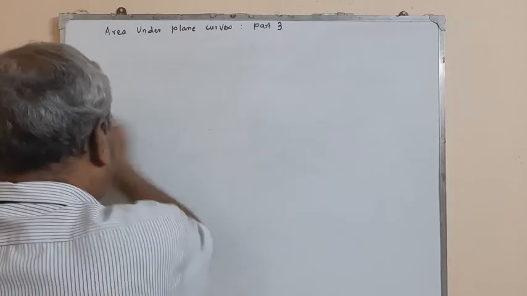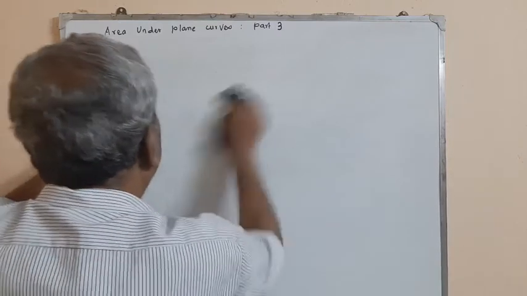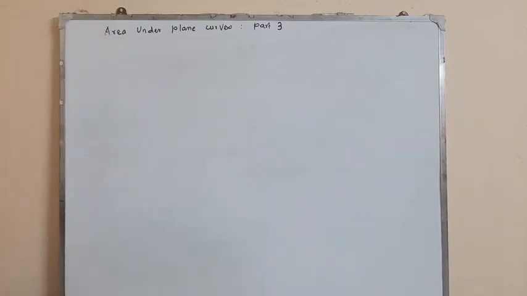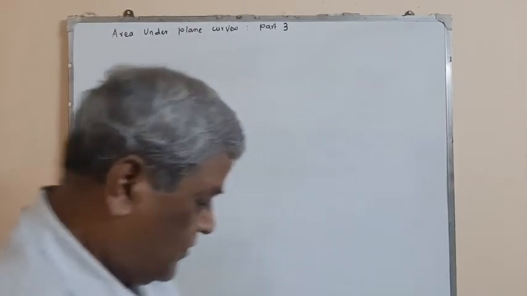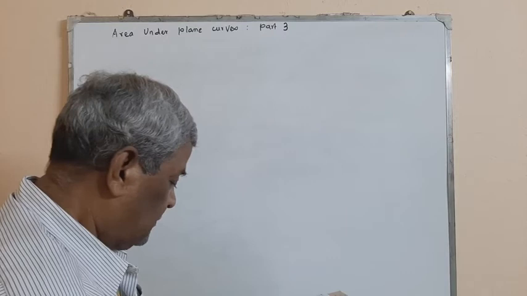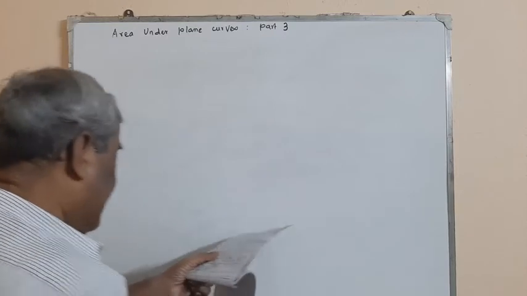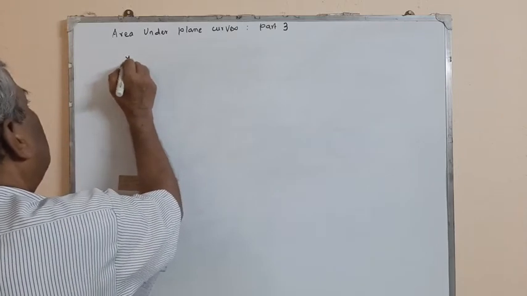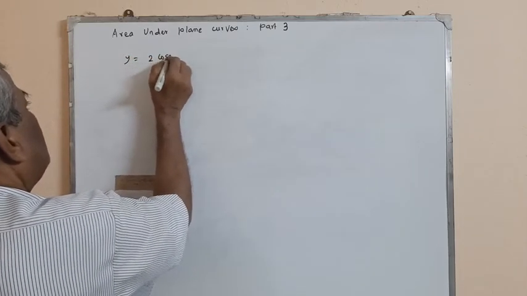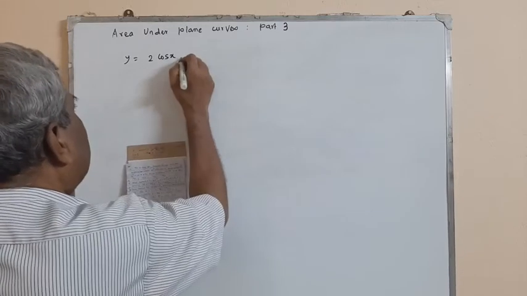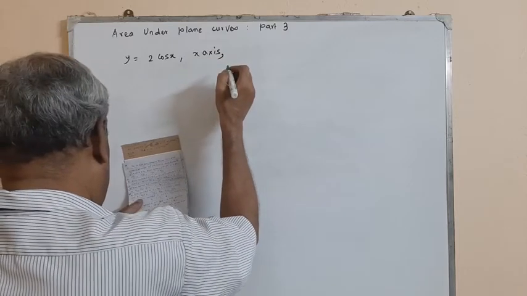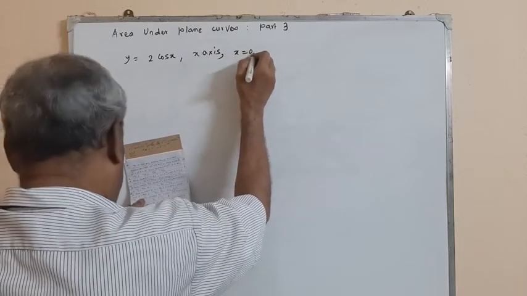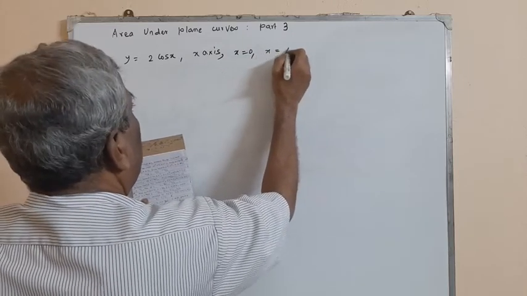Next problem is: the area bounded by y is equal to 2 cos x, the x-axis, x is equal to 0 and x is equal to pi.